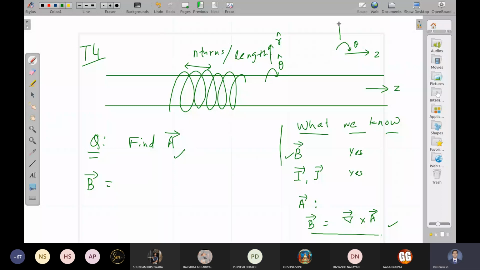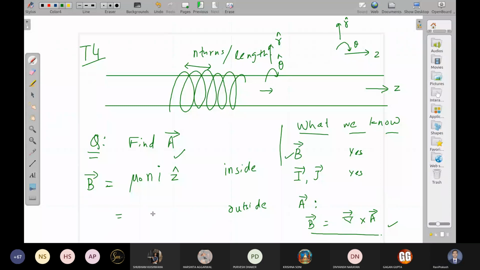So what is B? It consists of two parts, inside and outside. What is B inside? Direction: let us say current is along the theta cap direction, then this is B. If current is along the minus theta cap direction, it is reversed.